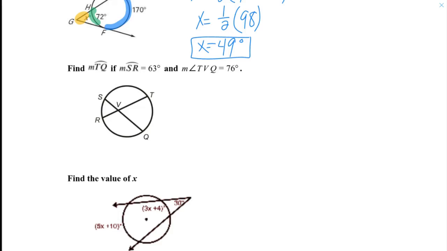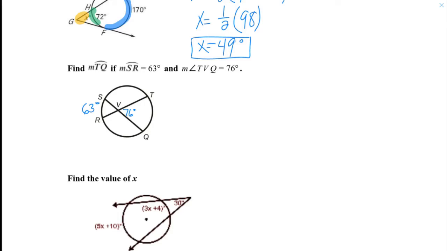The next one, we want to find the measure of arc TQ if the measure of arc SR is 63 degrees and the measure of angle TVQ is 76 degrees. So let's go ahead and label those things in here since they're not already labeled. So we have TVQ, which is 76 degrees. We have the arc SR, which is 63 degrees out here.